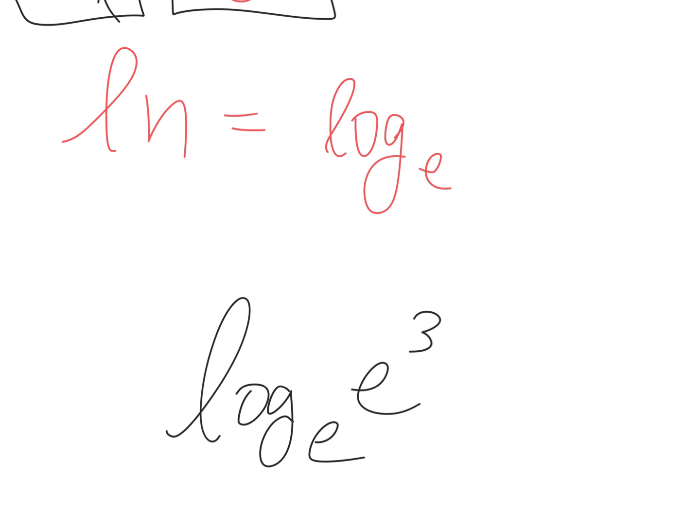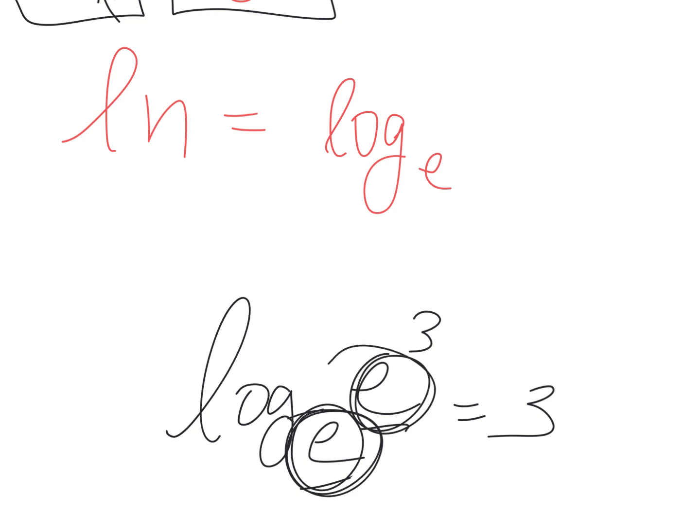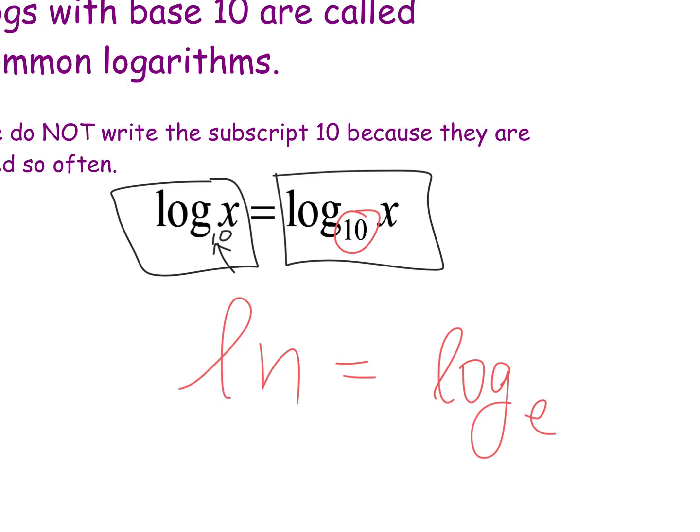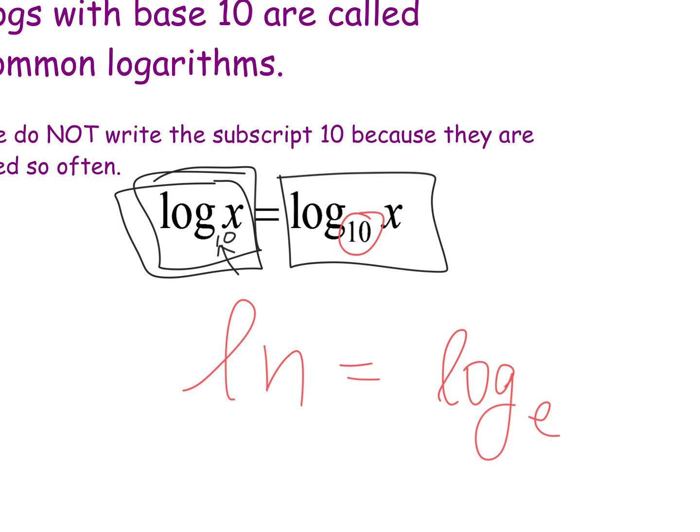If you replace the ln with a log base e, you'll see that the bases are the same, and so the answer is just 3. So ln doesn't have a base, and it became all about that base. Okay, so logs that don't have a base, it's base 10. ln's, those are base e.